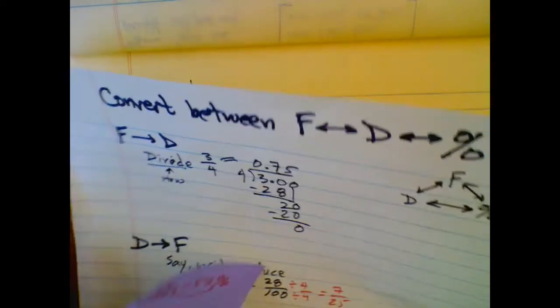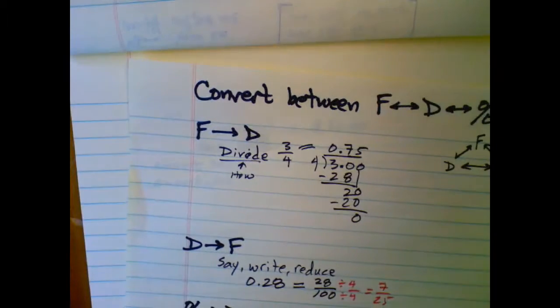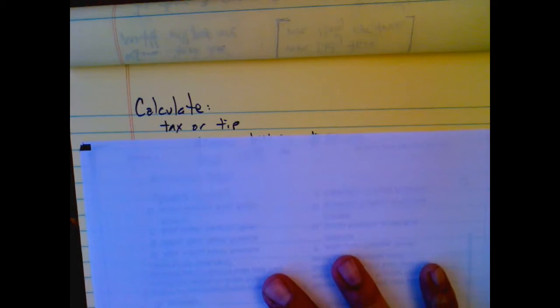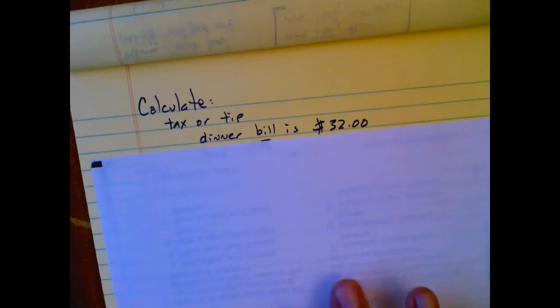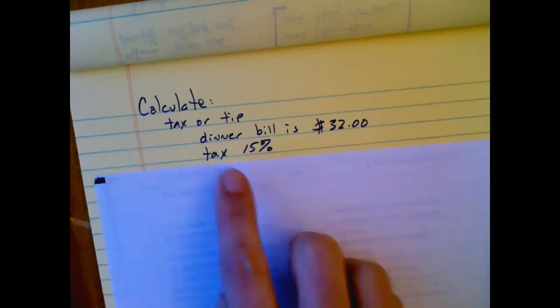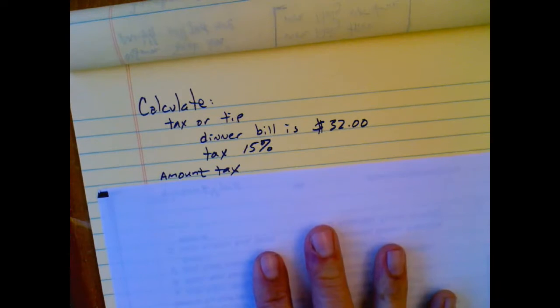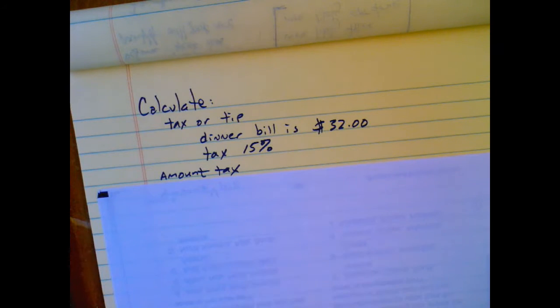So what else might you have to know? Well, one thing you might have to know is how to calculate a tax or a tip. So if I give you a dinner bill of $32 and I tell you that the tax rate on the bill is 15%, how do I find the amount of tax?